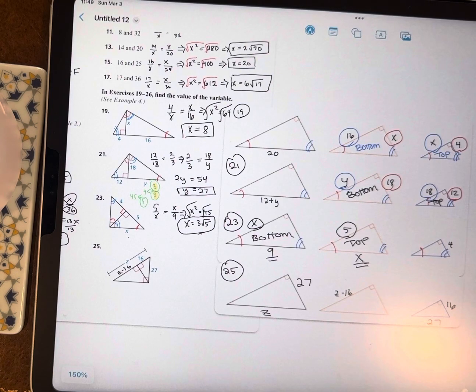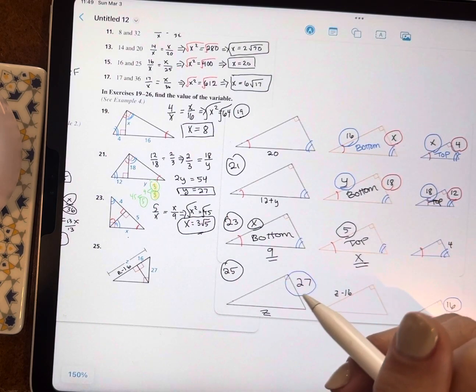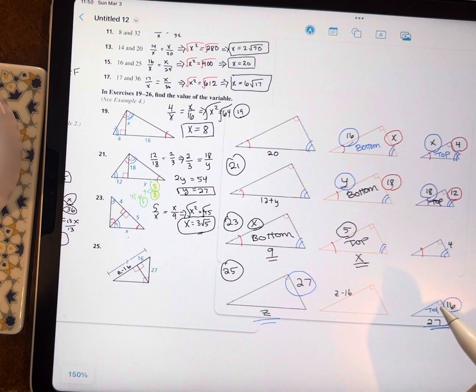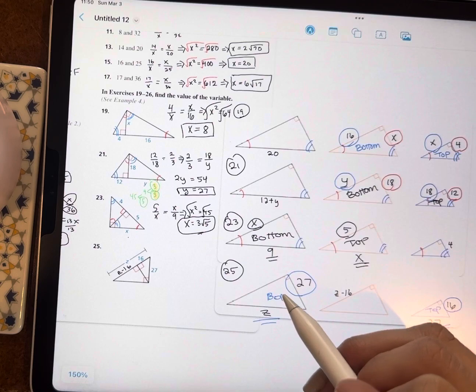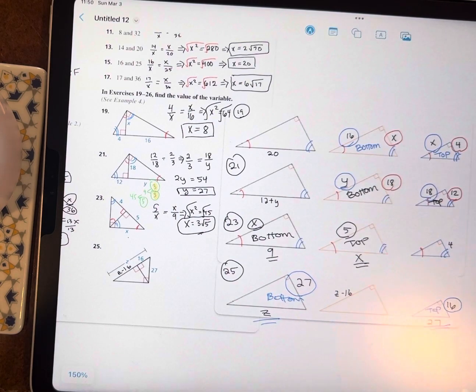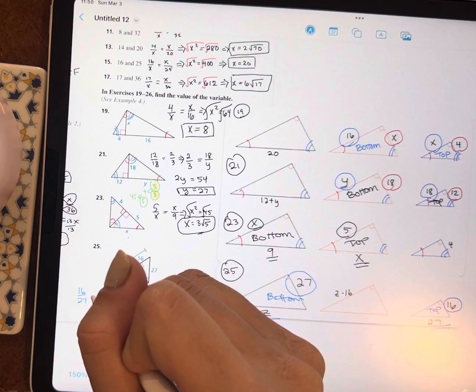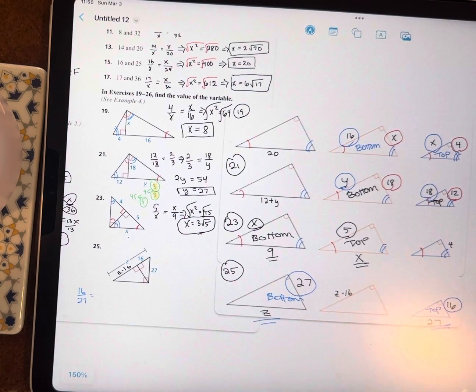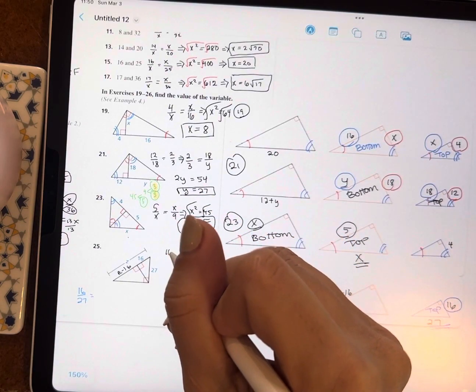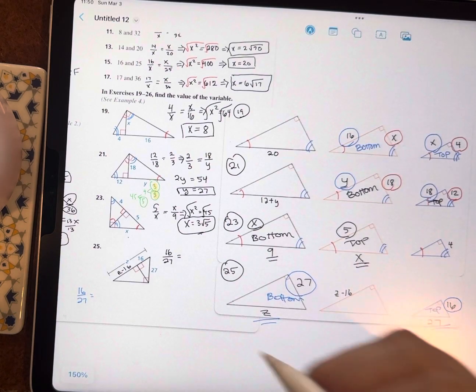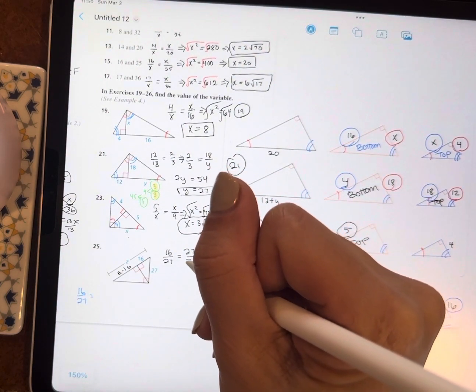And here we go. We have 16 with 27 and 27 with z. Let's do a top and a bottom. And let's go. 16 over 27. I thought that reduces, but it does not. 16 over 27 equals 27 over z.